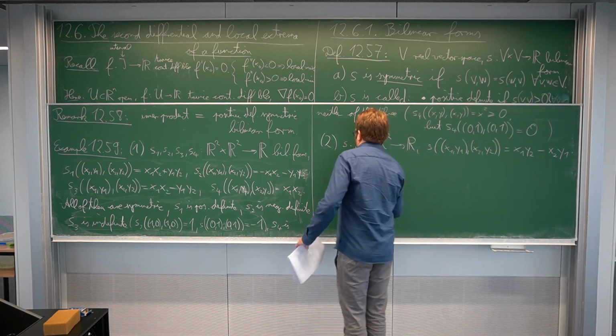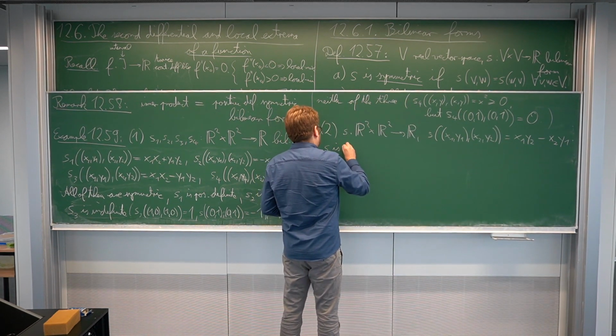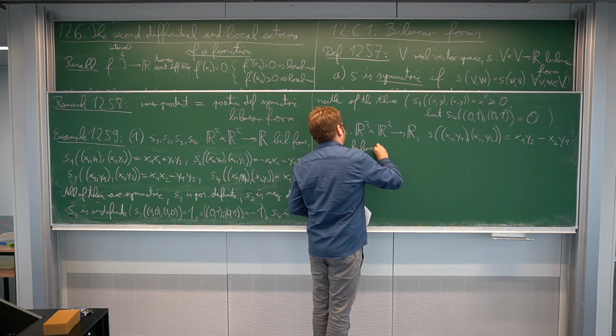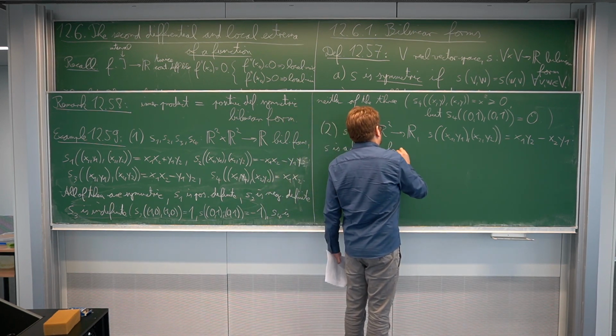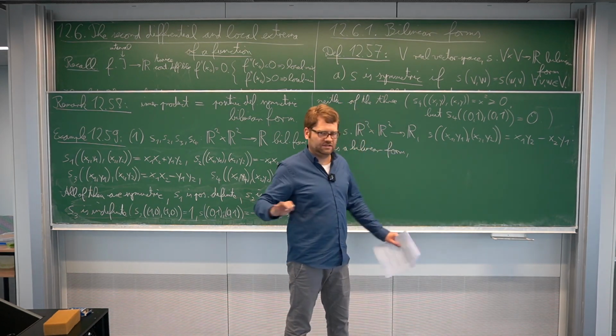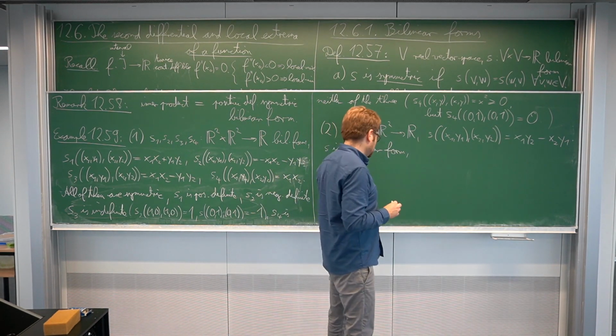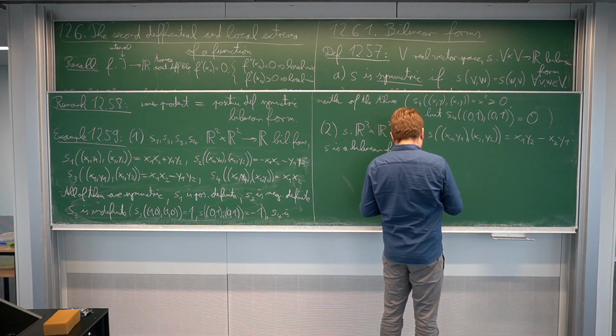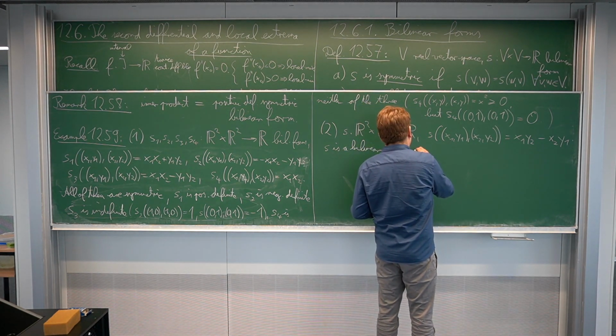So you can see S is a bilinear form. This is easy to check. I will leave out the details there because this is a very simple computation that you can do for yourself. But here it turns out that if you do a computation, it is not symmetric.